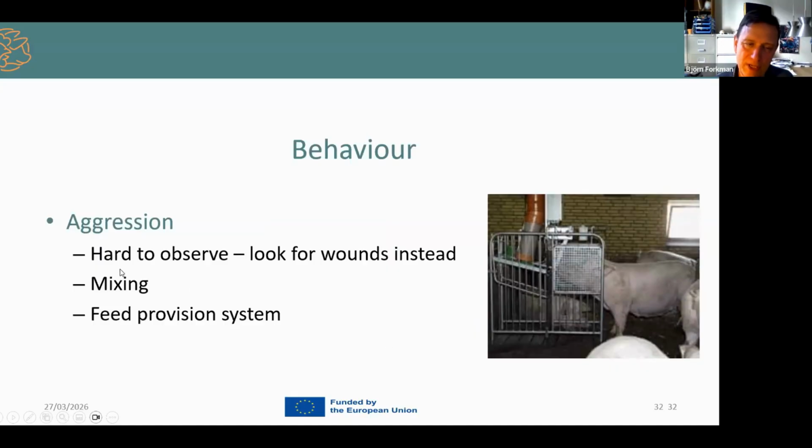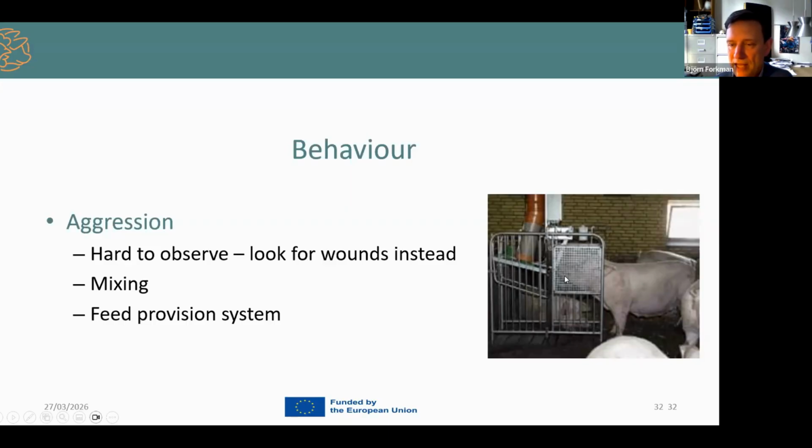You find aggression especially around mixing, of course, as said previously, but also depending on the feed provision system. So the other system I showed you with 1 box per sow works very well, low amount of aggression. This system here is almost designed to cause aggression.